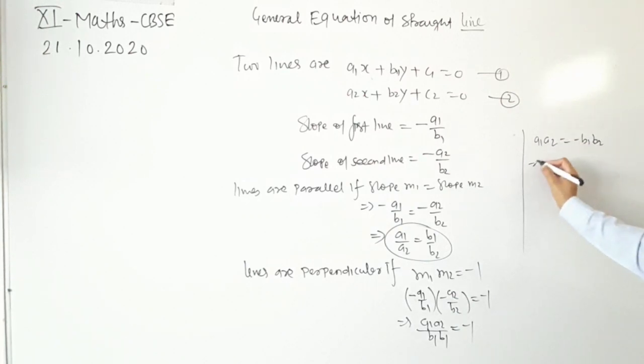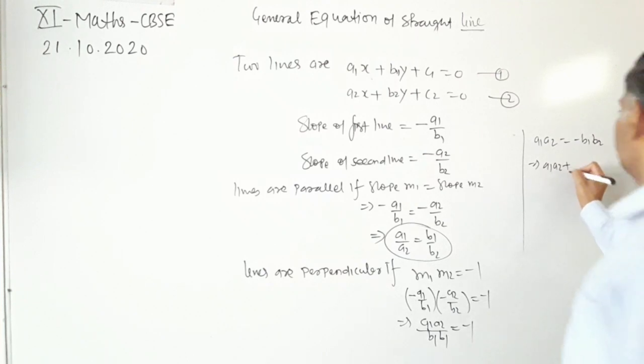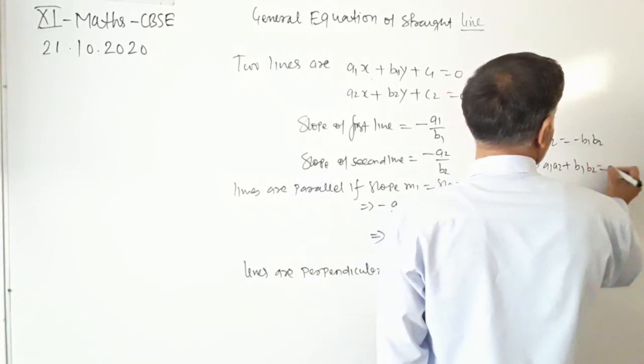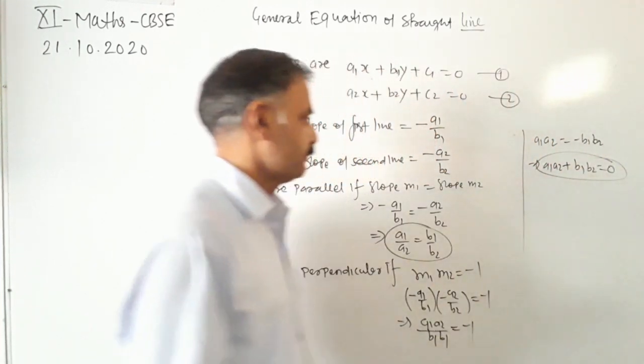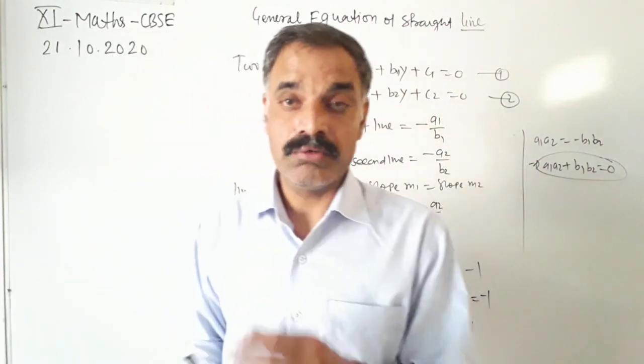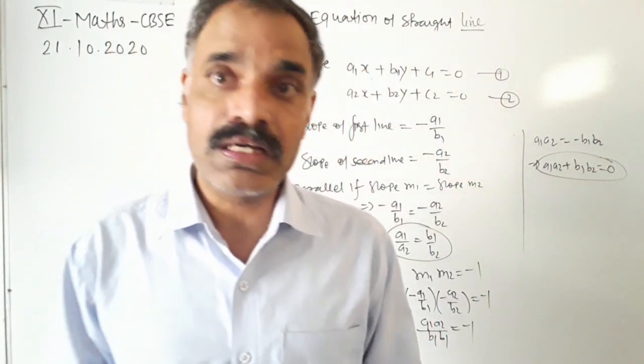This can be written as a1 a2 plus b1 b2 equals 0. This is the condition of perpendicularity of two lines whenever lines are given in general form.